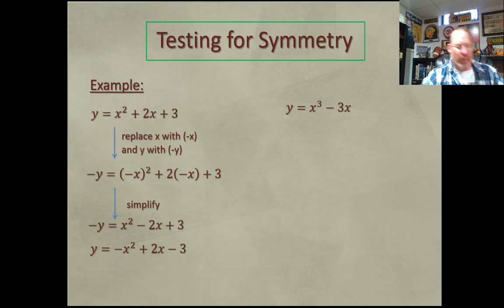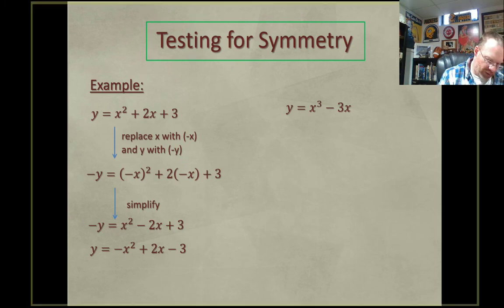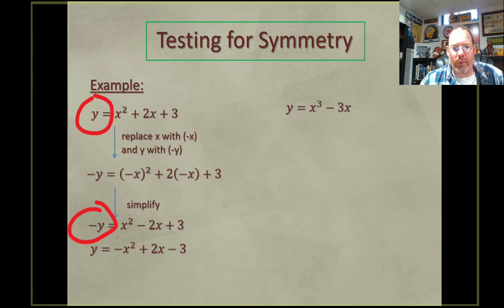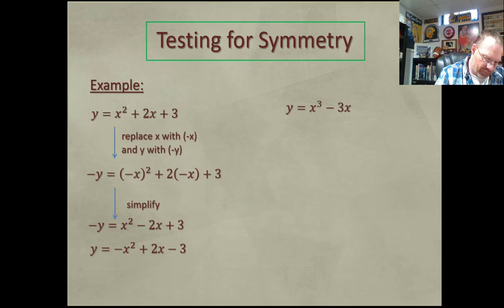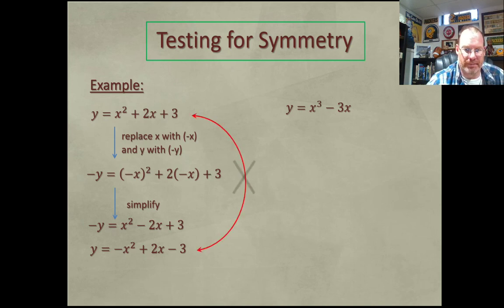And then if we're going to get a comparison between the original function and the last function, we don't want that negative y there. So just take that and multiply everything by a negative 1 to get that equation there. And do they look the same? We got an x squared and a negative x squared. They do not look the same. So that example is not symmetric about the origin.